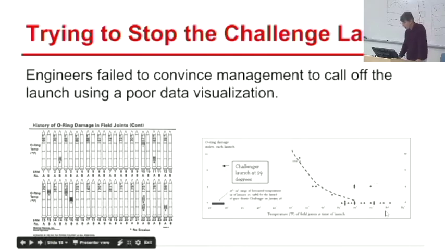Here's one mission, here's another mission. He's showing every one of the missions and how much temperature there was. He's saying, look here, see how as it gets a little bit colder, there's more and more damage. And look, this is where it's going to be launching today. Does everybody see that? So they knew ahead of time that there was the possibility that the cold interfered with the O-ring.